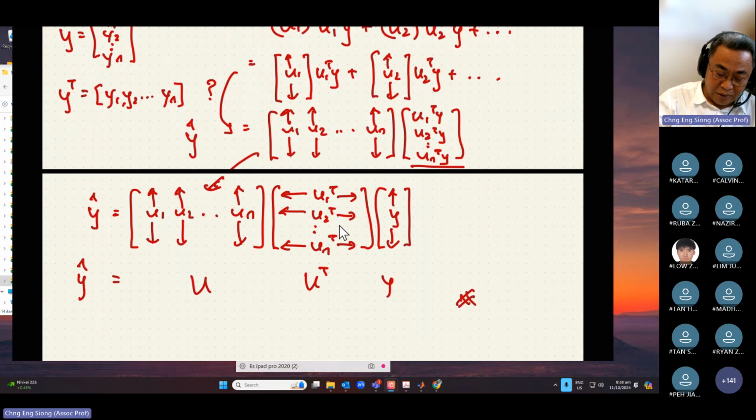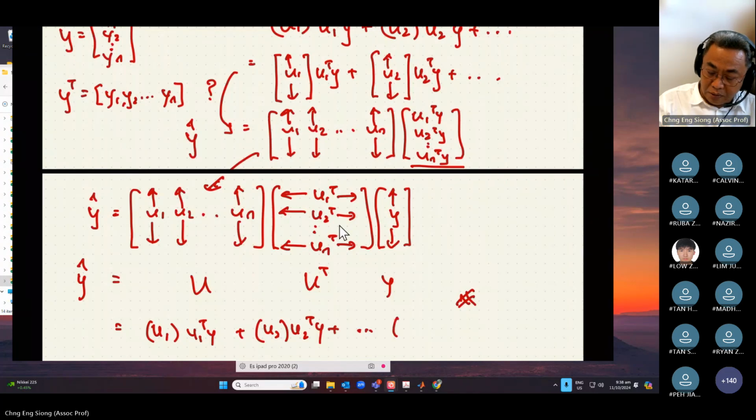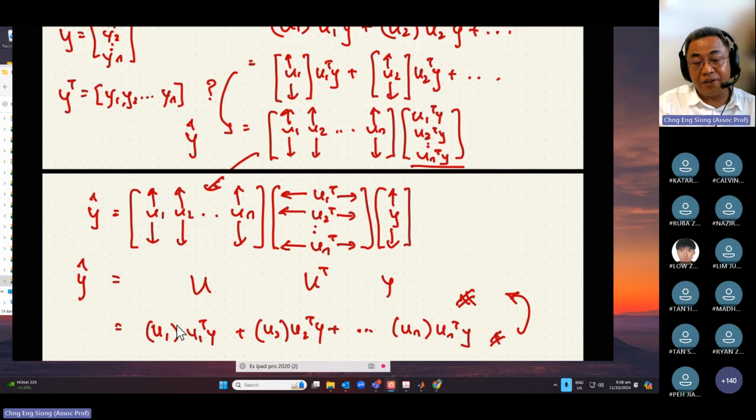So from the complicated equation we had originally, U1, U1 transpose Y plus U2, U2 transpose Y plus UN, UN transpose Y, these are the same. This is the vector notation. This is the matrix notation of Y hat. Okay, very nice, huh?